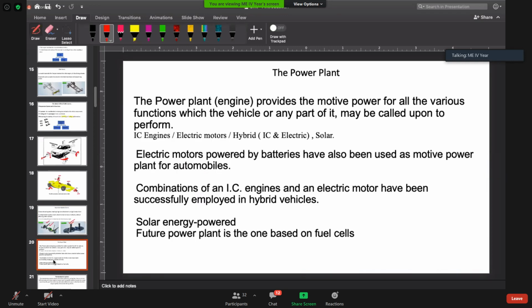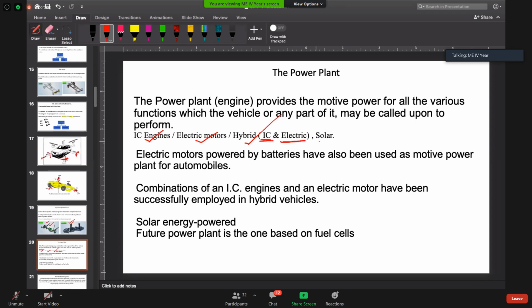Now the next is your engine, or we can say the power plant of an automobile. This provides the motive power for all the various functions which the vehicle or any part of it may be called upon to perform, like IC engines, electric motors in your electric cars, hybrid engines, where we have a combination of internal combustion engine as well as electric engines.